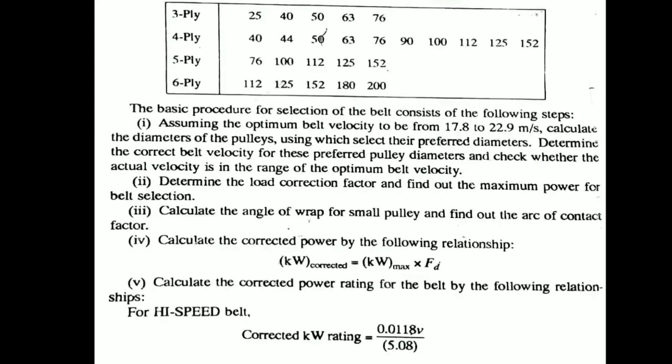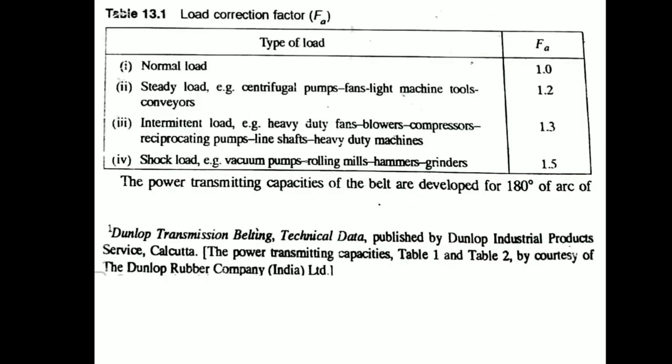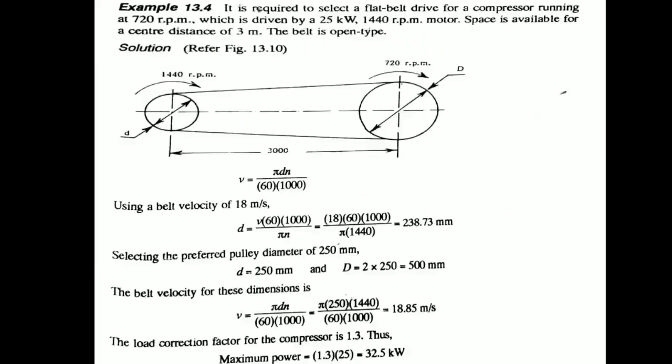I will go through the chart. This is the FA chart, application correction factor. For normal load, no compressor is mentioned. Centrifugal, no compressor is mentioned. Here are blowers, compressors, reciprocating pumps and all that. So compressor is here, and I will have to select the FA value of 1.3. So 1.3 into the 25 kilowatt they have given, I get the maximum power kW max is equal to 32.5 kilowatt. First step is over.